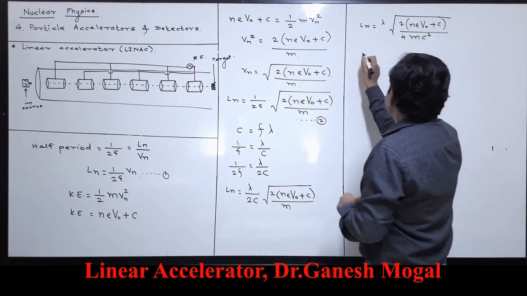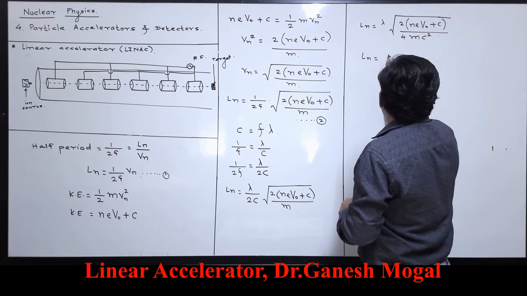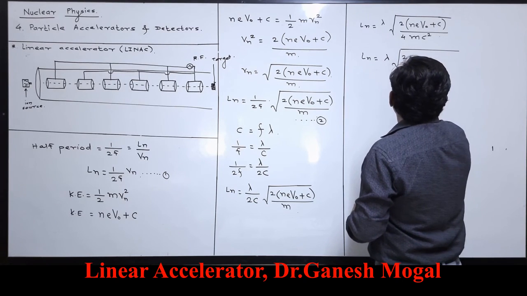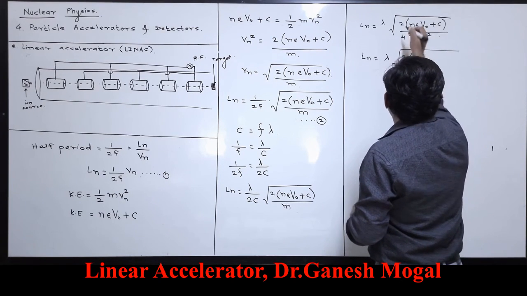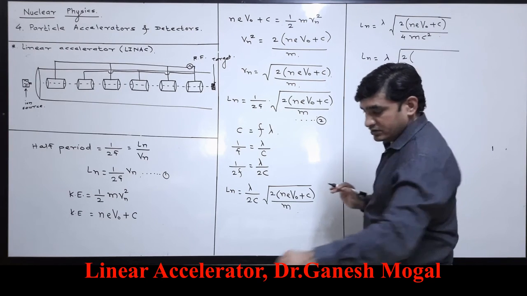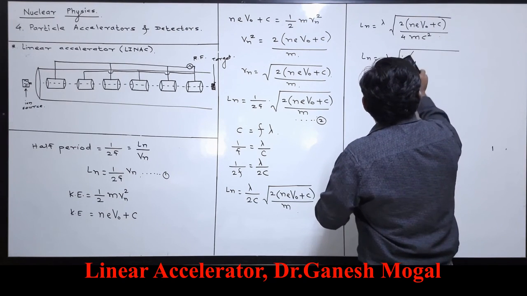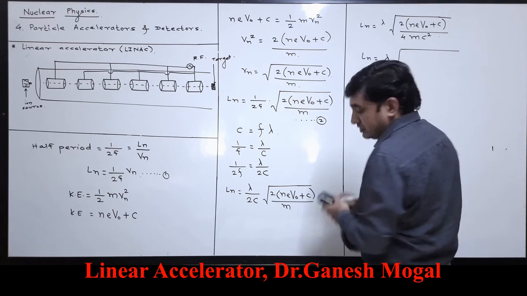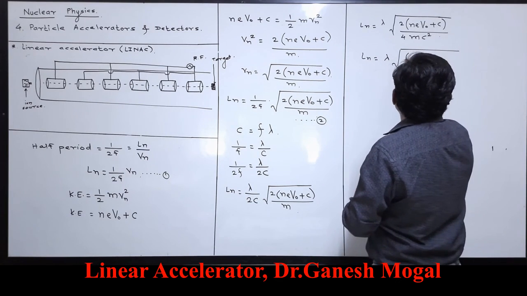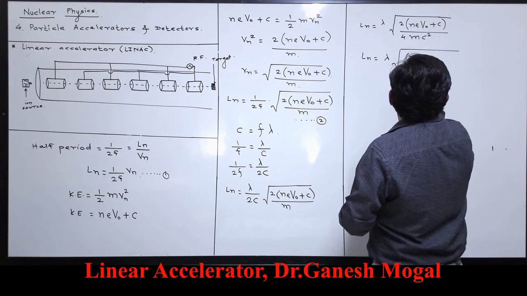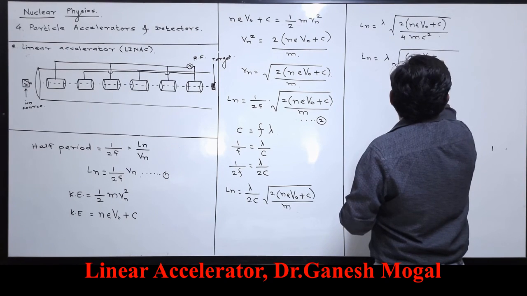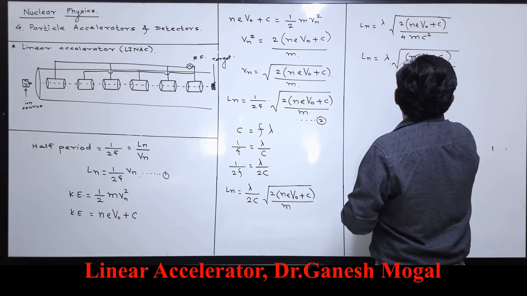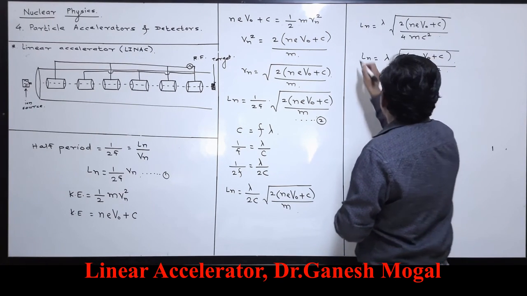So this can also be written as ln is equal to lambda under root of n e v0 plus c divided by 2m into c square.